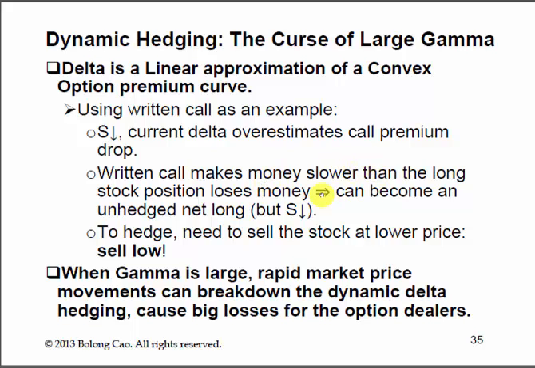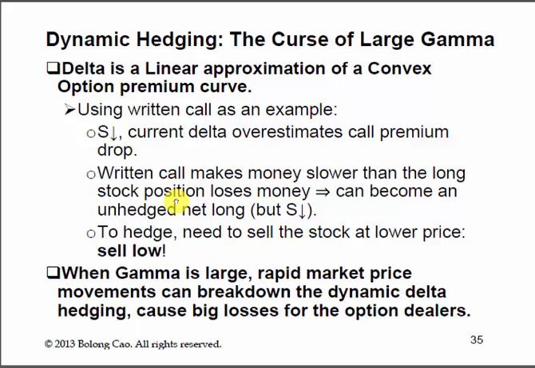The long stock position loses money, right? Your asset decreases in value, your liability decreases in value, but it decreased less than the long underlying. So there's a gap. Supposedly, if delta is a good approximation, the liability should decline by the same amount as the stock position declines.